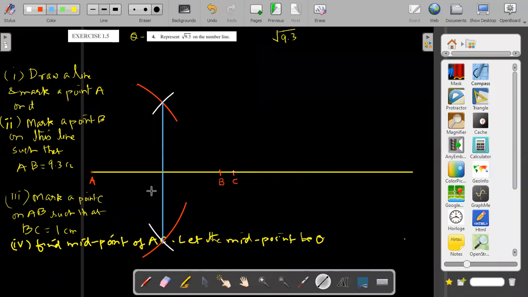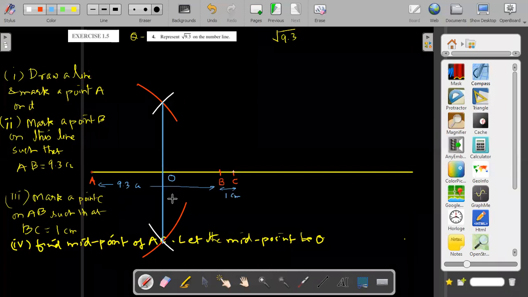This is your midpoint O. So we got the midpoint of AC as O. And you can show that A to B is 9.3 centimeters, which you have taken from A to B, and B to C you have taken 1 centimeter.